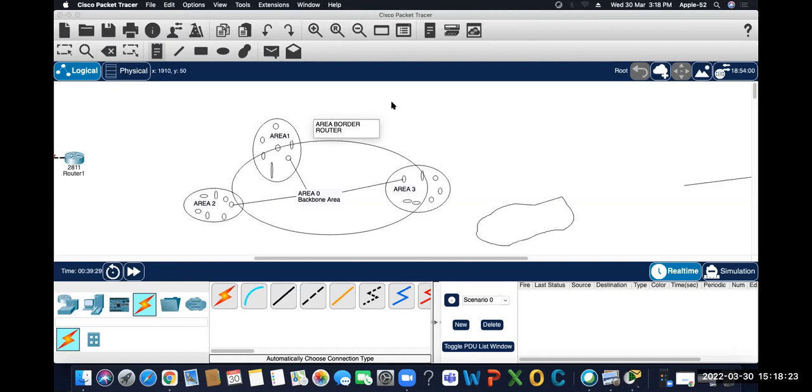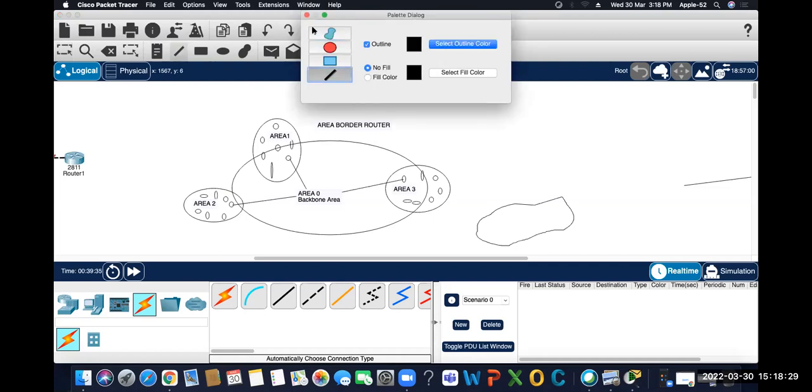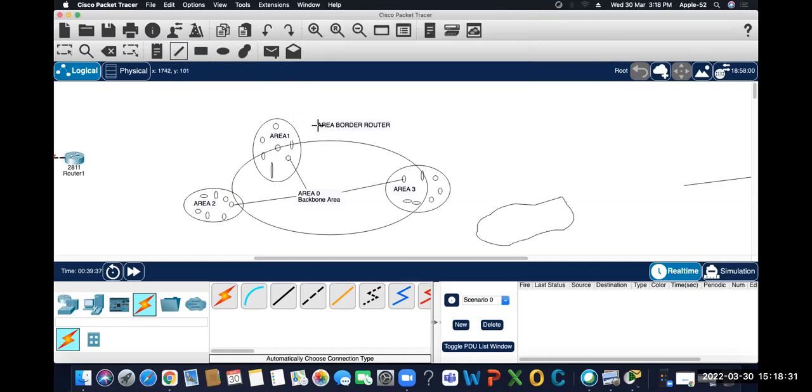The major work of an area border router for area 0 will be to give summarized information of its area to area 0. So every piece of information is not required to be passed on.